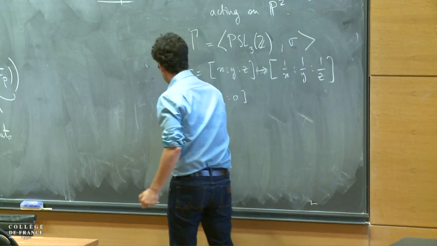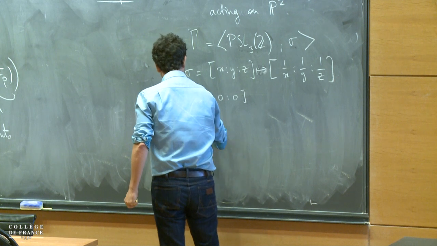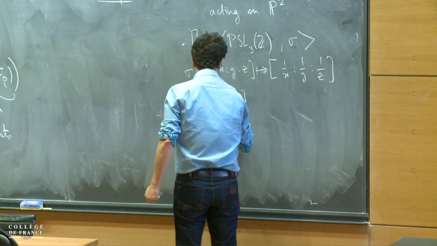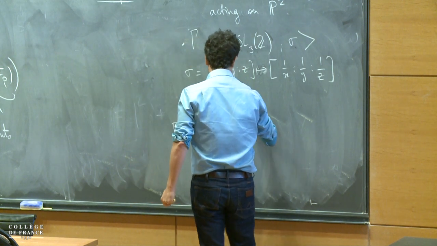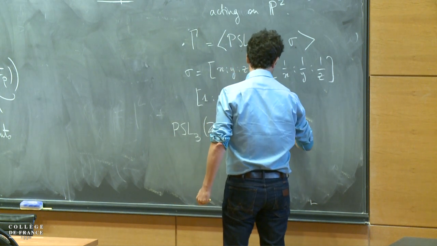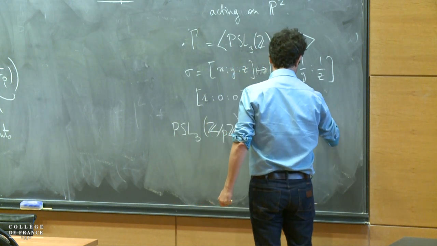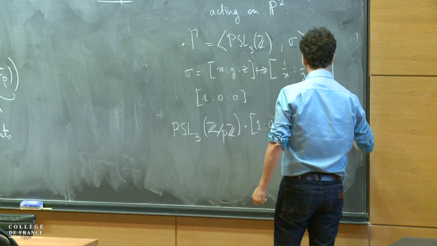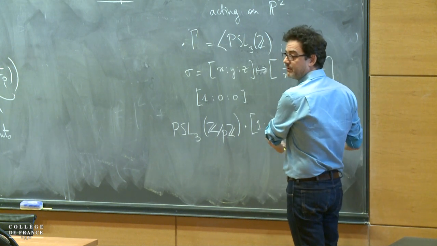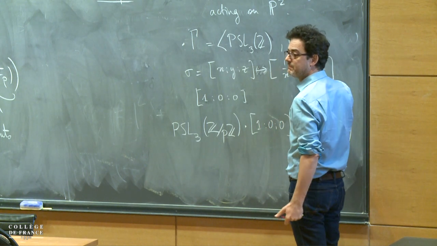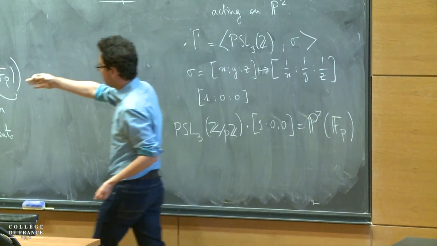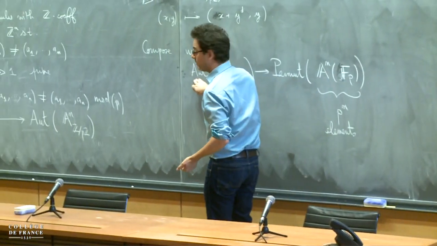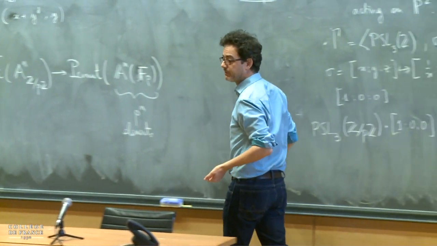So PSL3Z mod P of (1, 0, 0) is P2 of F_P. So all points are, in fact, indeterminacy points for this group. Okay, so this argument breaks down if you replace automorphisms by birational transformations.